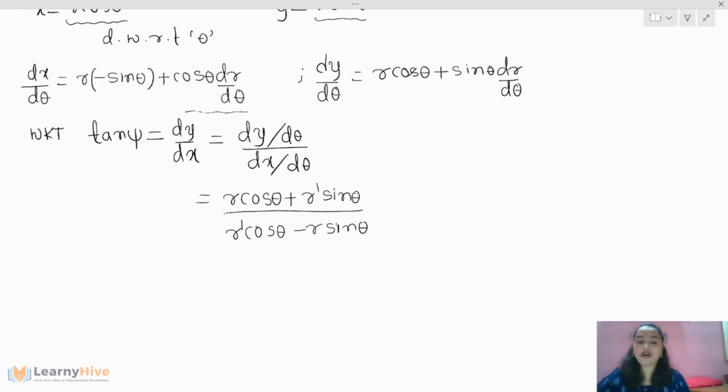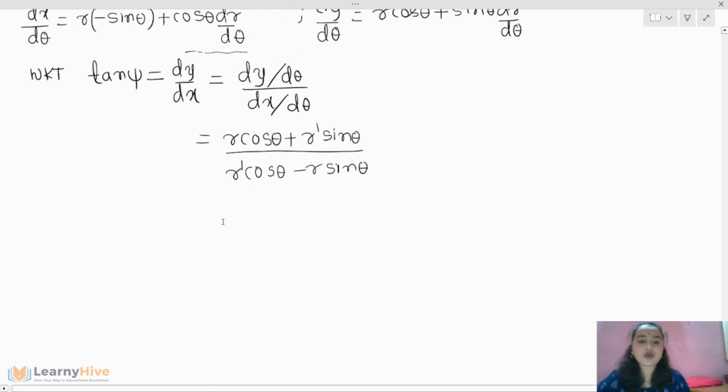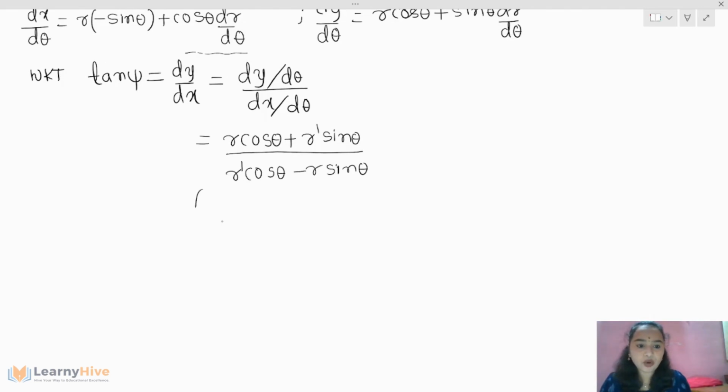Now for this, we are supposed to divide both the numerator and the denominator by r dash cos theta. Why we are dividing this is to match with our previous equation number 1.